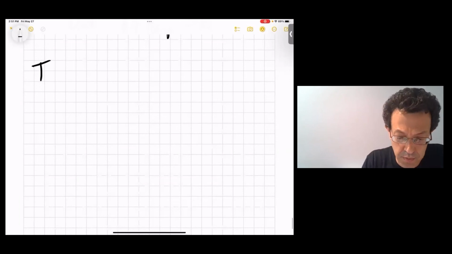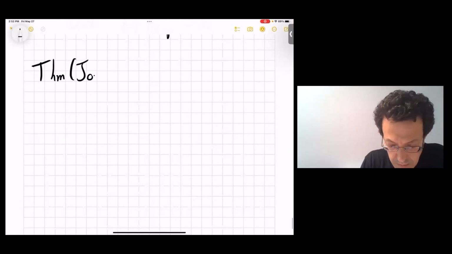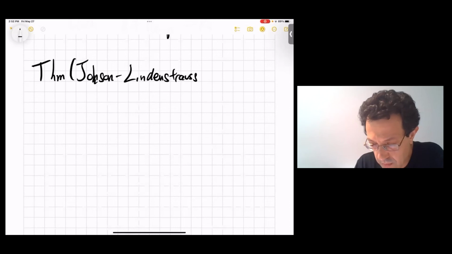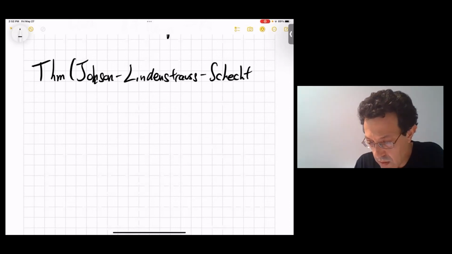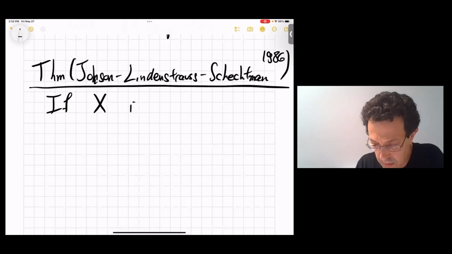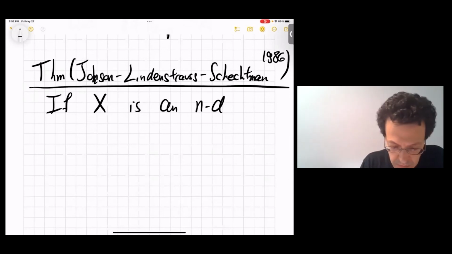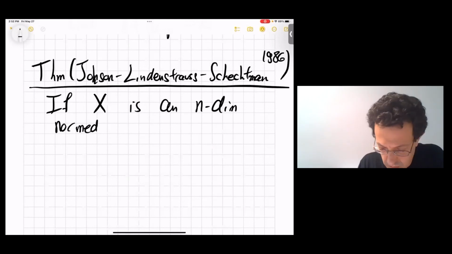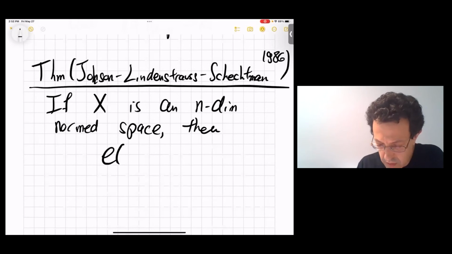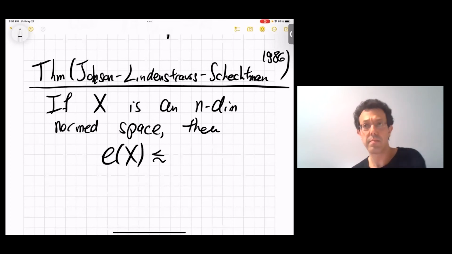This is a famous theorem of Johnson, Lindenstrauss, Schechtman, 1986, which says that if X is an n-dimensional normed space, then E of X is a constant multiple of the dimension.